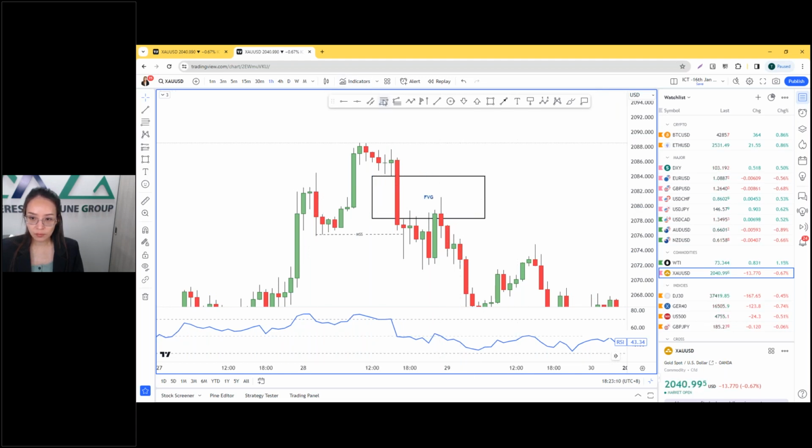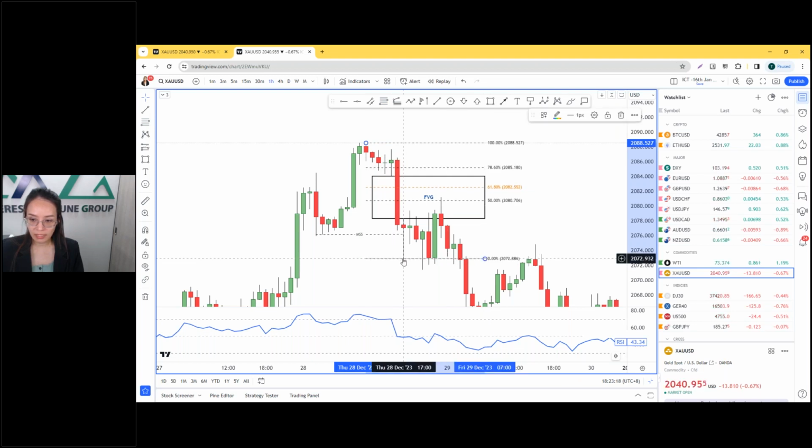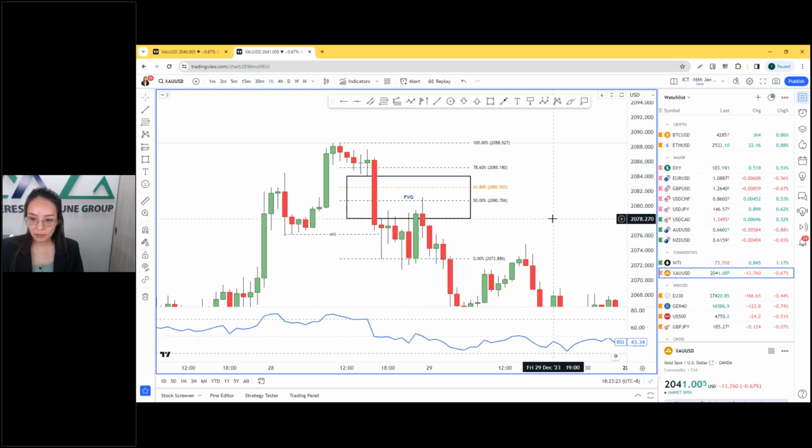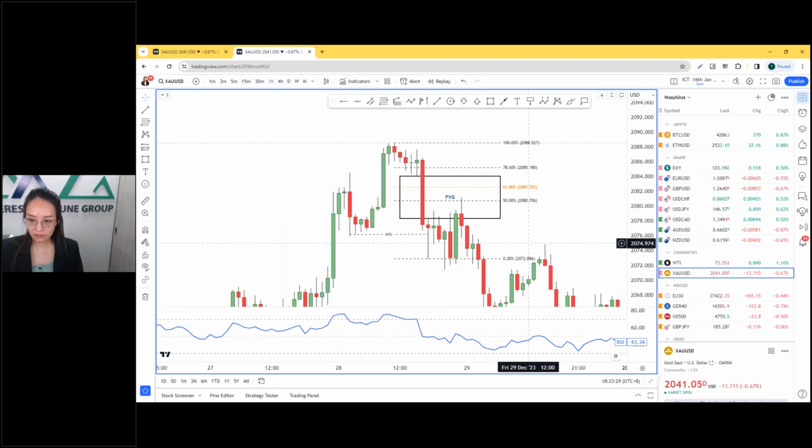Let's say you pull Fibo from your swing high to swing low here, which is this low. I just want to move here for you to see. This is the starting point, 100%, ending point 0. What you can see here, price comes to hit your 50%, and then boom, goes down in H4.